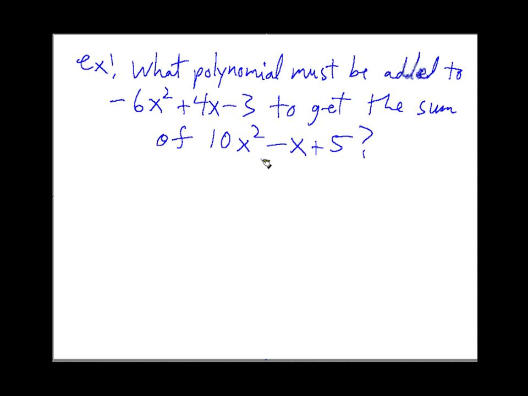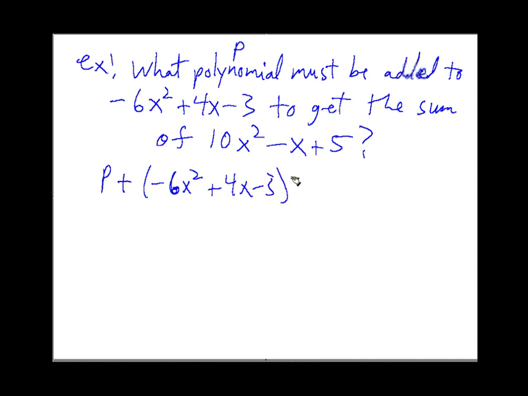Okay, so let's think about this question carefully. What polynomial must be added to this polynomial to get this sum right here? So this is my sum right here. I want to get this sum. So what polynomial? Let's call this polynomial p, for example. So I want p plus this polynomial here, negative 6x squared plus 4x minus 3.